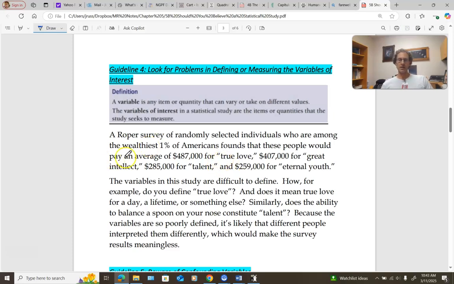So you can't necessarily say that most of these wealthiest 1% would pay around $500,000 for true love, because true love hasn't even really been defined. If it just means spending a week with someone, or feeling like you have true love with an individual for just a week, then I'm not sure a lot of these wealthiest Americans would be willing to pay $500,000 for that.